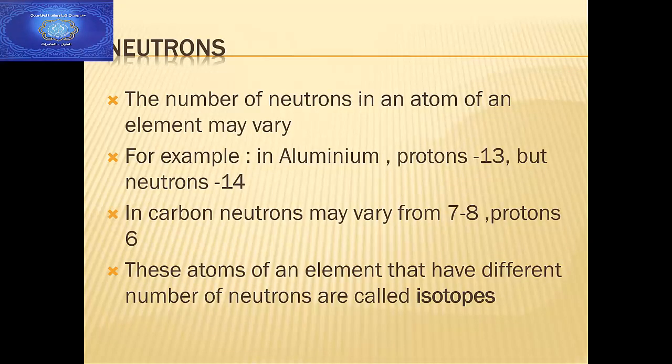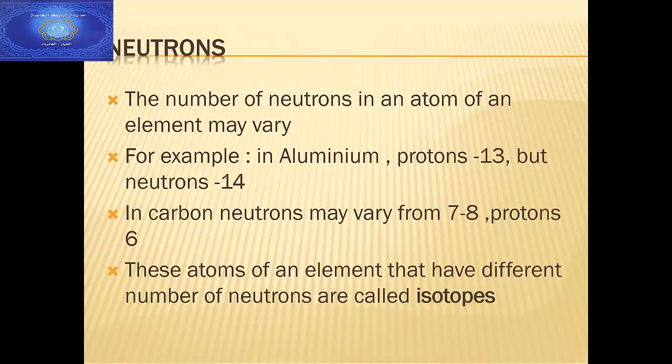We have to say some more information about the neutrons. I told you it has no charge, and the number of neutrons in an atom of an element may sometimes vary. It may not always be equal to the atomic number, proton number or electron number.